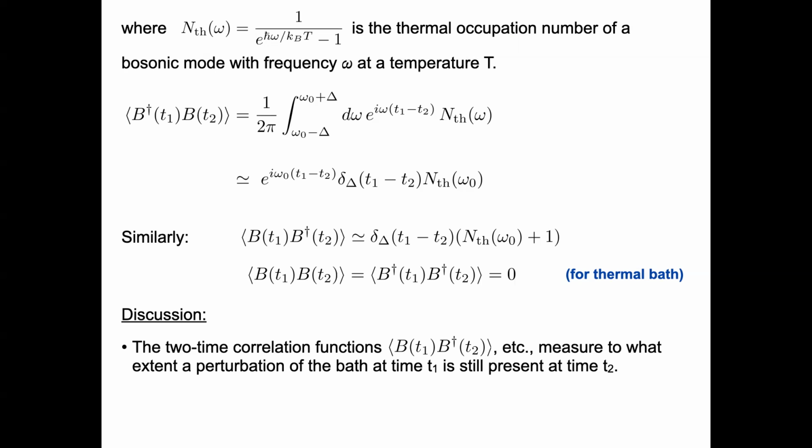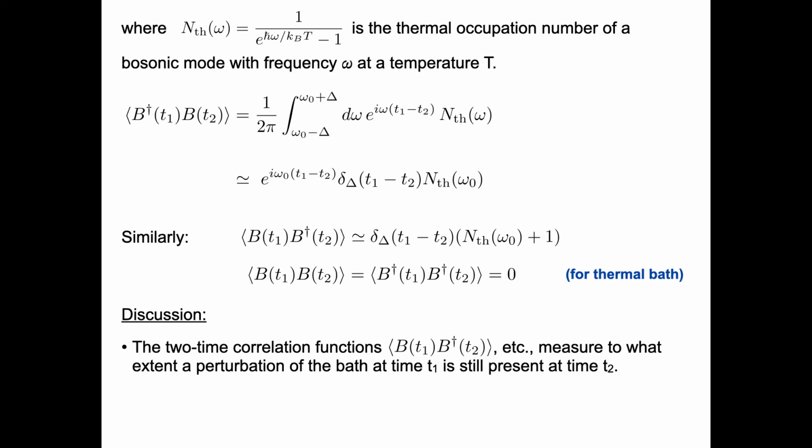So these correlation functions measure, think about the atom, you put a photon at this point at time T2, and then you see at a later time, is the photon still there? Of course, in 3D the photon is fast and simply disperses. So after a very short time the photon will not be there, and that's why this correlation function also decays.